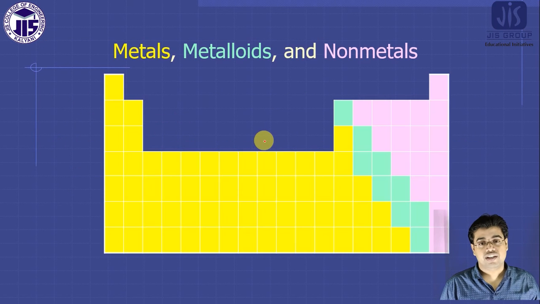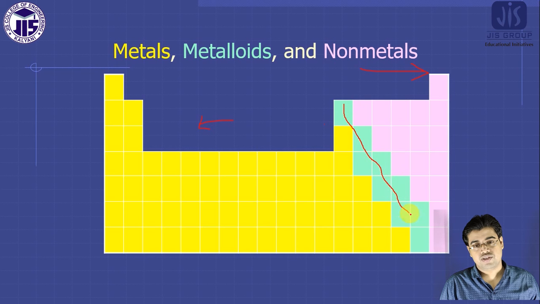And look here carefully. This left side is almost all metals, and the right side is almost all non-metals. But this sequence is the line of the metalloids.